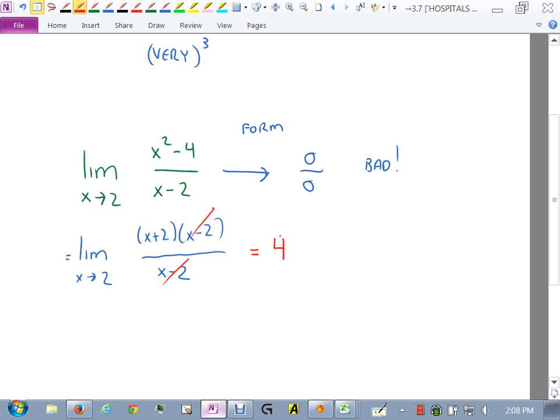So even though you cannot plug 2 in, the closer and closer you get to 2, the closer this expression gets to 4. We handled that bad situation with algebra or a trick. Sometimes we used conjugates, all these different things.